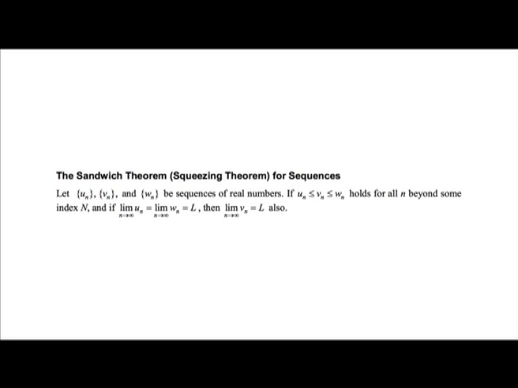Let sequence un, sequence vn and sequence wn be sequences of real numbers. If un less than or equal to vn less than or equal to wn holds for all n beyond some index n, and if limit of un as n approaches infinity equals limit of wn as n approaches infinity equals L, then limit of vn as n approaches infinity is L.